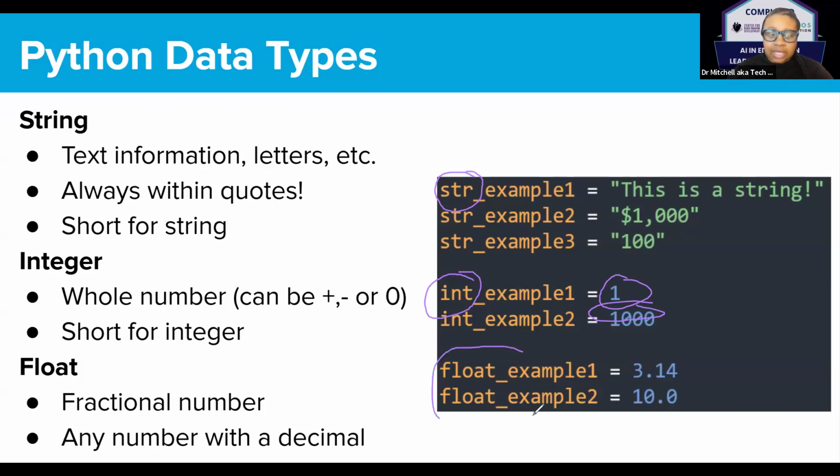And it stands for a floating number. And that is your pi. I had to put that in there, 3.14. Anything that has any fractional number that you have with a decimal, that is your float.